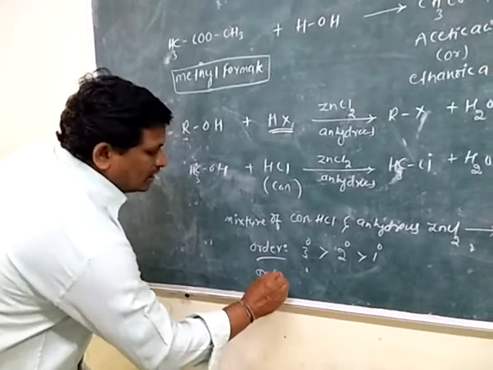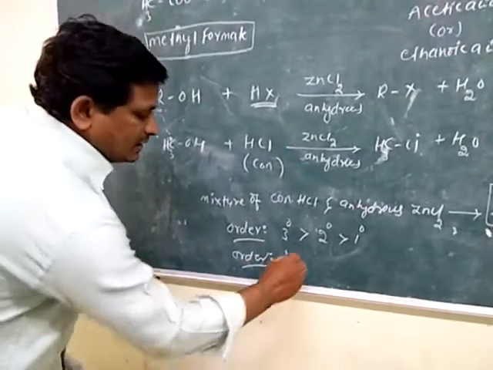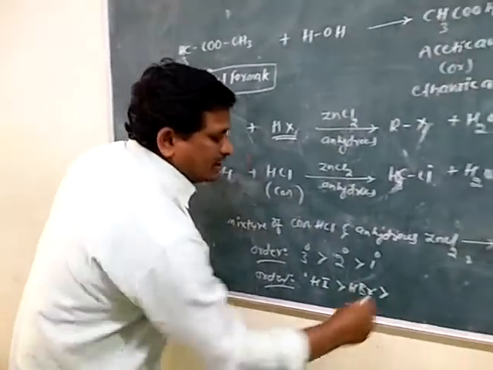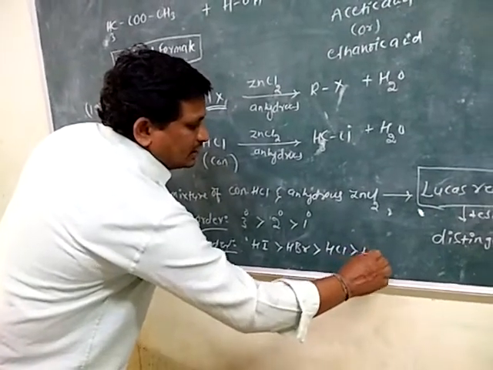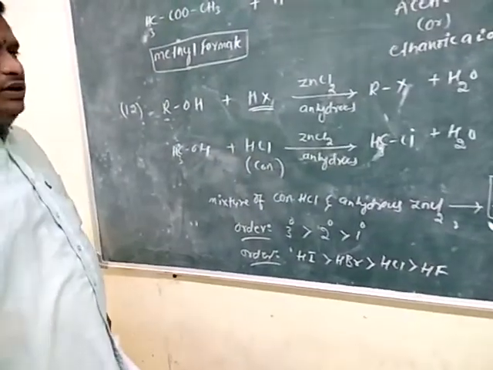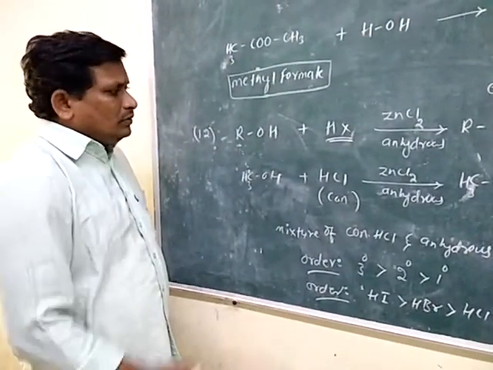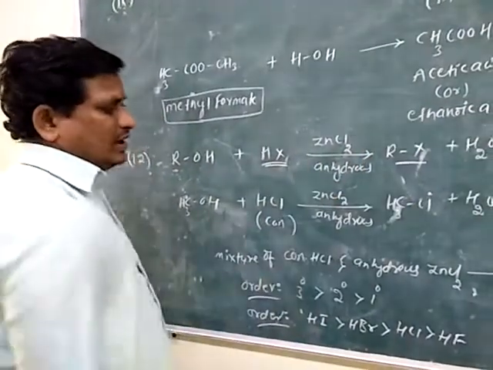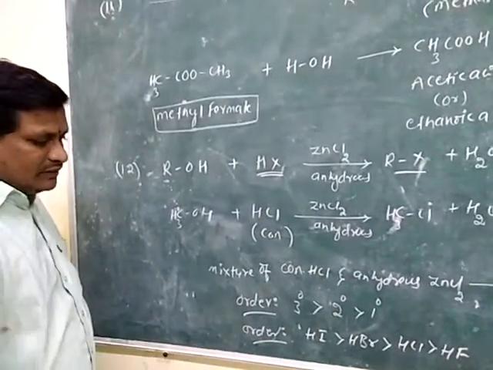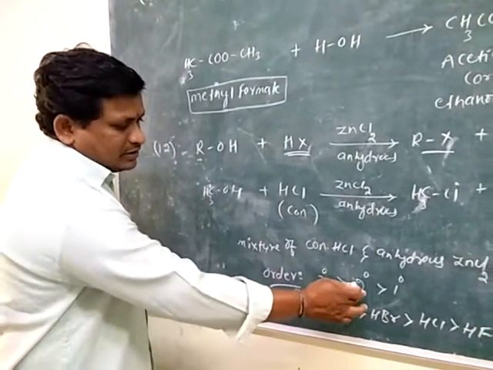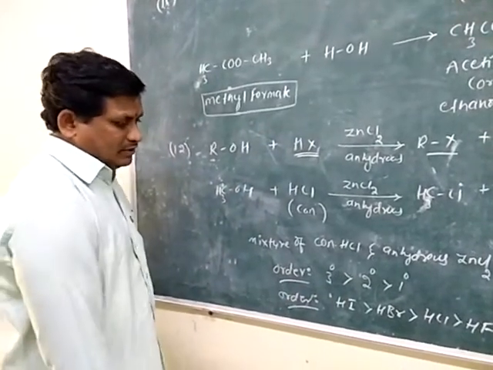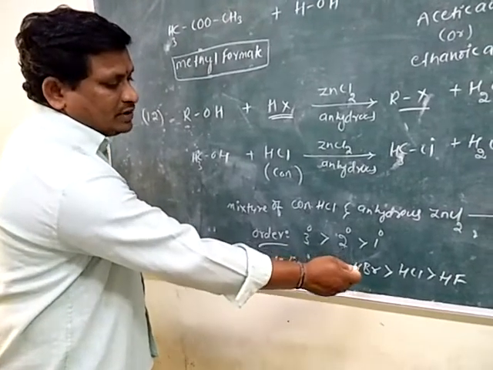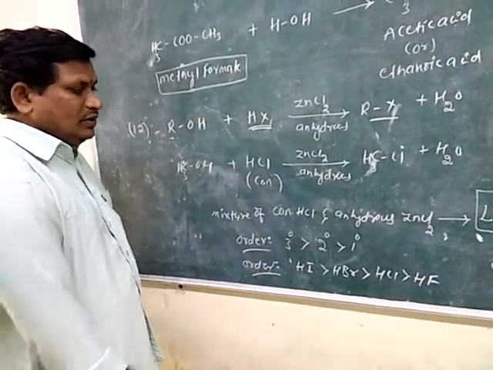The order of the hydrogen halides is HI greater than HBr greater than HCl greater than HF. So alcohols react with hydrogen halides to give alkyl halides. The reactivity order of the alcohols is tertiary, secondary, primary.